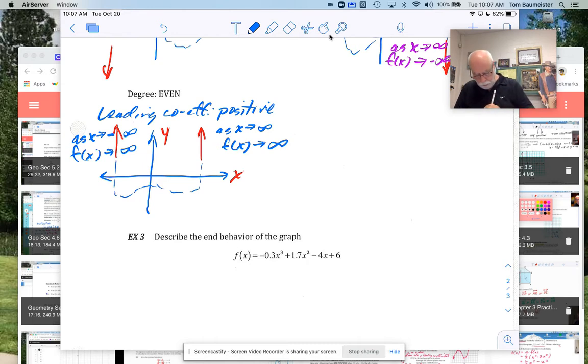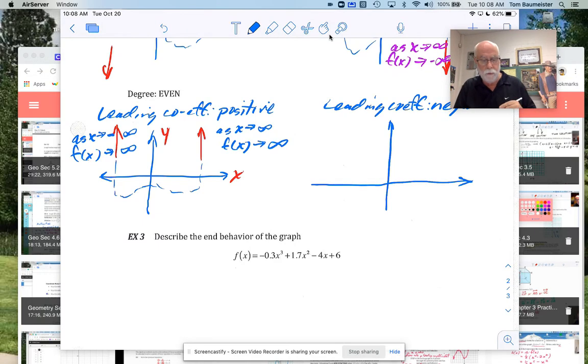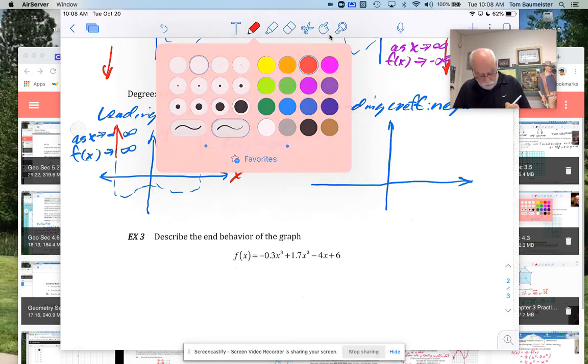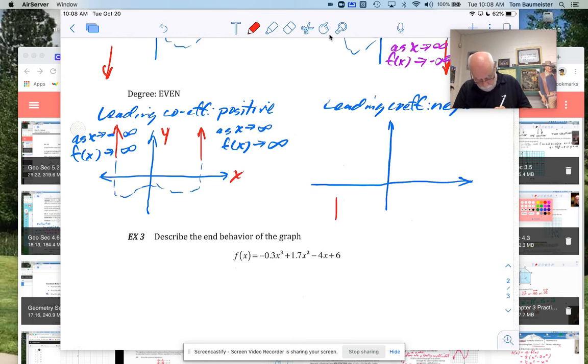All right, and then let's do our leading coefficient as negative. And when my leading coefficient is negative, all right, and in this case, since when it was positive they both went up, when it's negative, they're both going to go down.